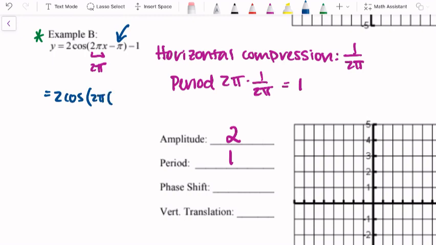So that is going to make what's in here a little bit weird. So I'm going to have x minus, well, if I've factored out a 2 pi, I'm really taking pi and I'm dividing it by 2 pi. So I'm going to have x minus 1/2. And then we have minus 1. So our phase shift is going to be, looks like we are going right 1/2.